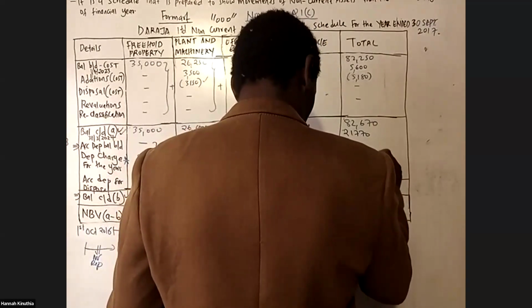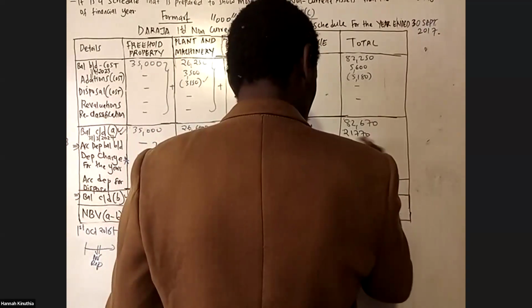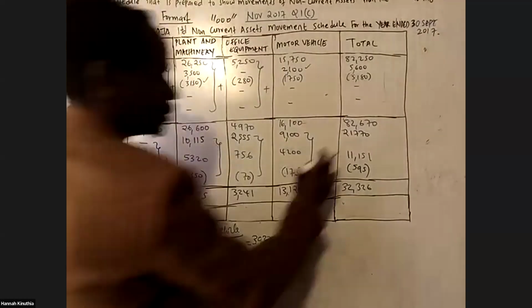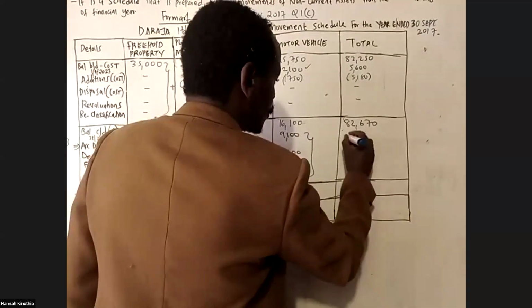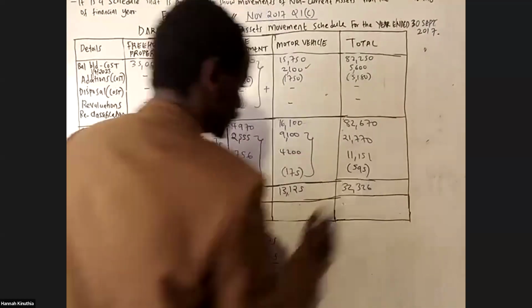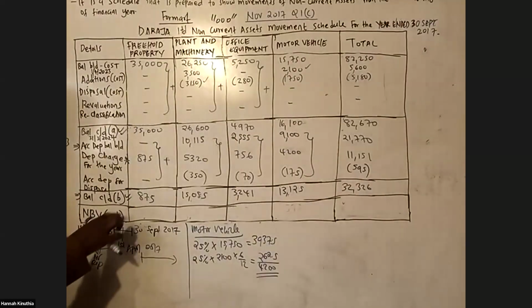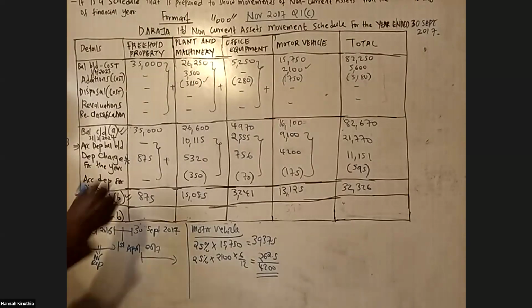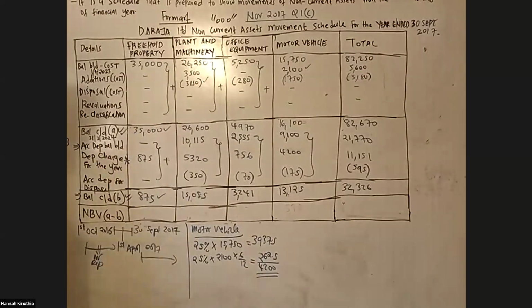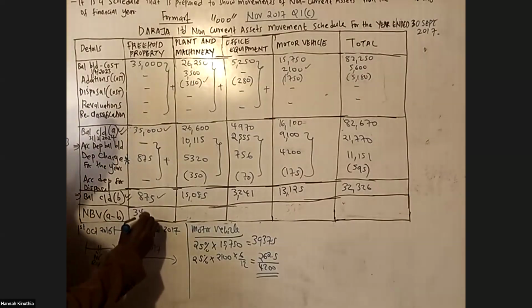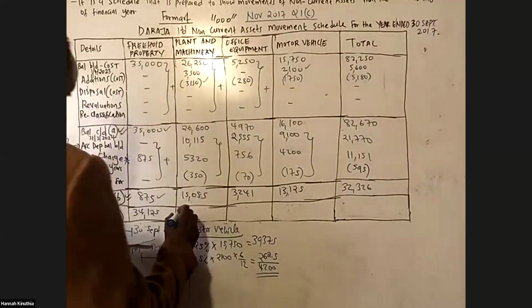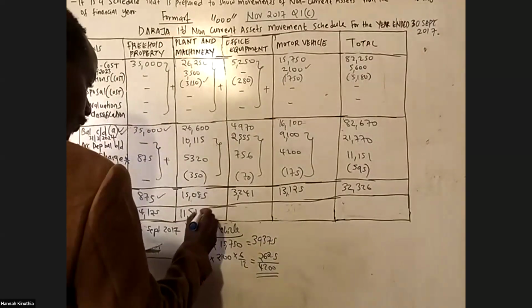Level 151. 21,770. That is fine. Now, to get the net book value, it is the difference between this one and this one. So 35,000 minus 875 is 34,125. Then 11,515.